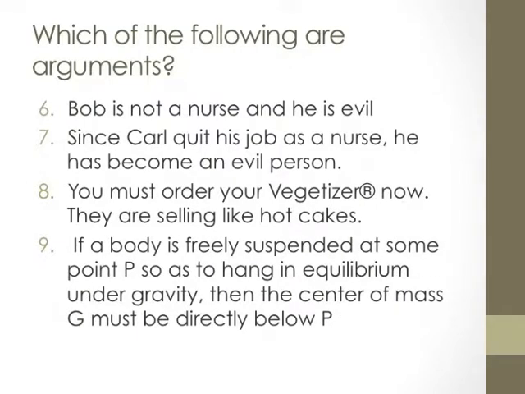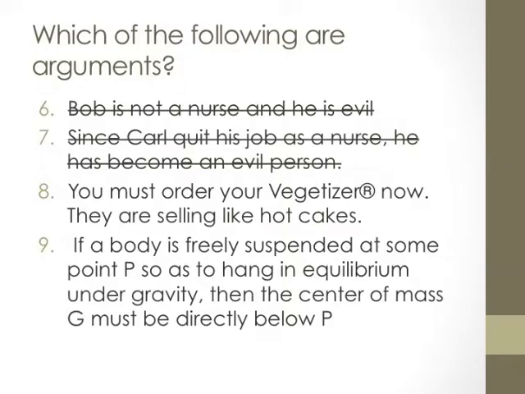Now take a look at these other passages. 6 is definitely not an argument. And 7 is not an argument if we understand "since" in the temporal sense, namely that ever since Carl quit his job, he has become an evil person.